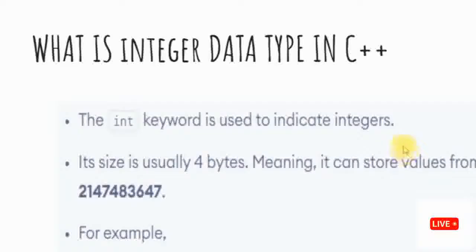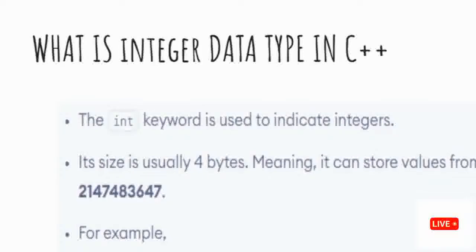Now using this mathematical knowledge of integers in C++ programming, we have the int keyword that is used to indicate integer type variables in C++. Here I have a very small syntactical example. Let's say we want to declare a variable called salary. Before writing salary we have to use the keyword int.